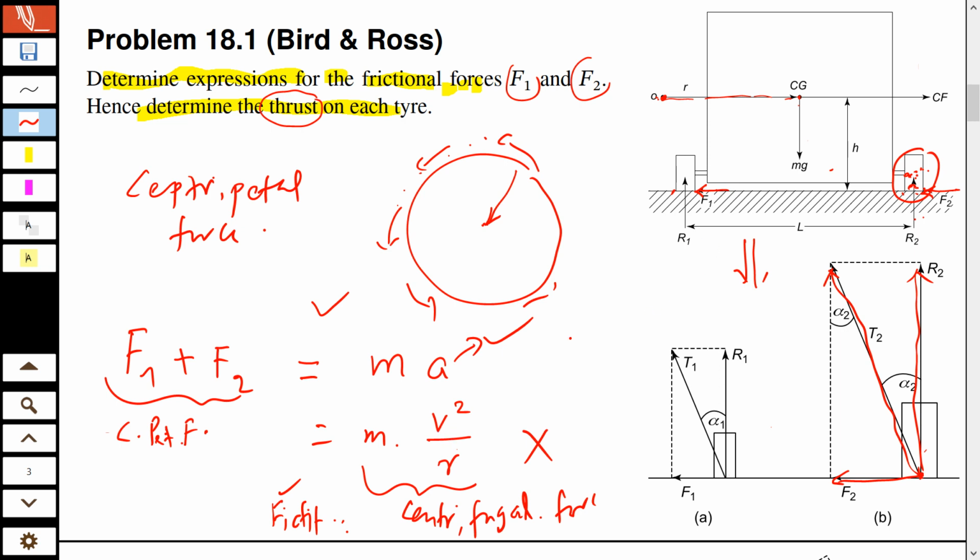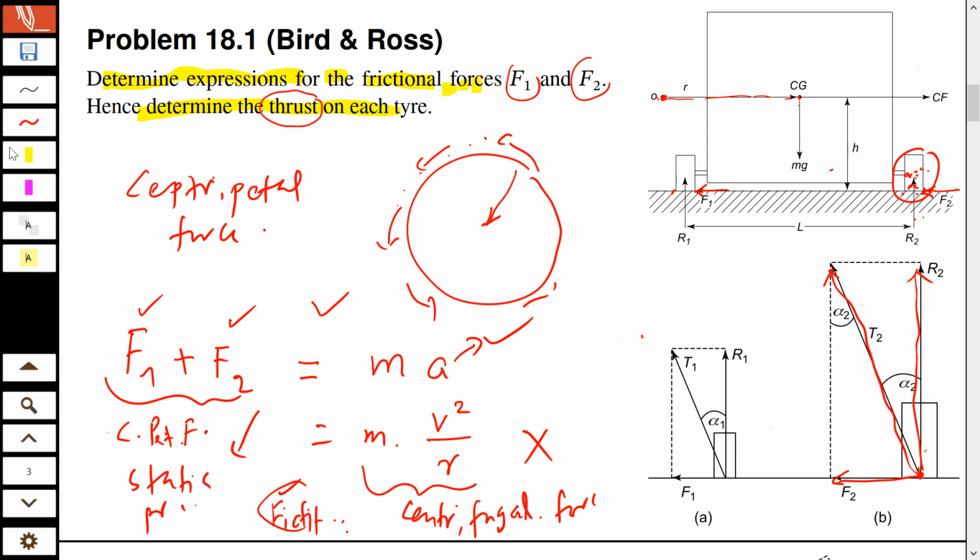अच्छा, किसी को याद आ रहा है कि if I want to find the expressions for F1 and F2 तो मुझे क्या करना पड़ेगा? Because of the fictitious force formulation or D'Alembert formulation, I turn this into a static problem. और static problem में आप moment balance और force balance apply कर सकते हैं. तो यहाँ पे force balance क्या होगा?